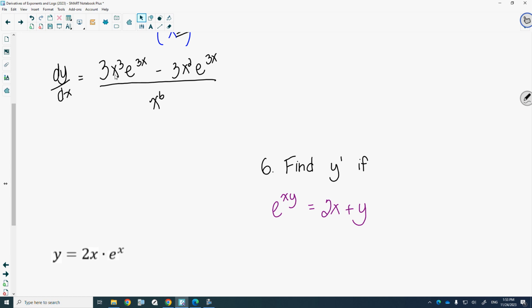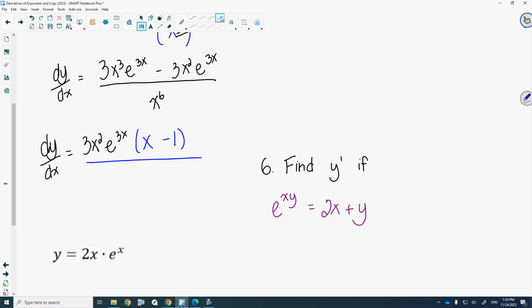In my numerator, I could factor out a 3. I could factor out an x squared and an e to the 3x. So dy dx is equal to 3, x squared, e to the 3x, and what I have remaining is x minus 1, all over x to the 6.